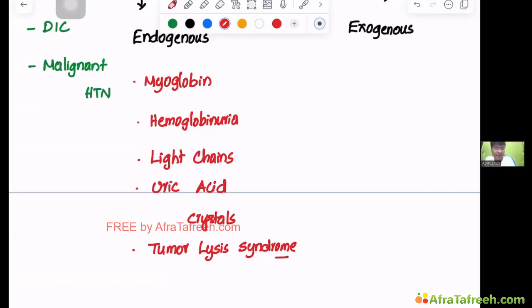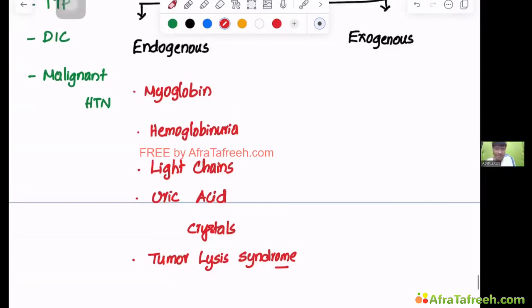The end product of nucleic acid degeneration is uric acid. So if that uric acid is produced in excess quantity, and when it is passing through the kidney, or abnormal tumor materials are passing through the kidney, they can damage and destroy the kidney, and that is nothing but tumor lysis syndrome. Okay, right. These are all endogenous toxins, and very important are the exogenous toxins.